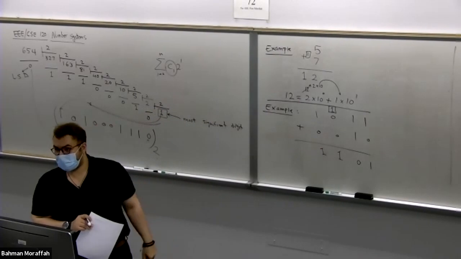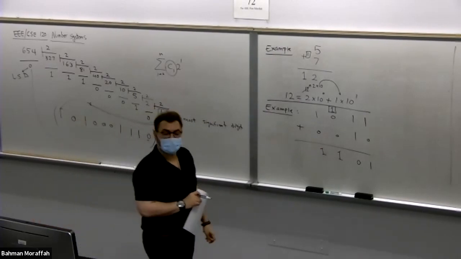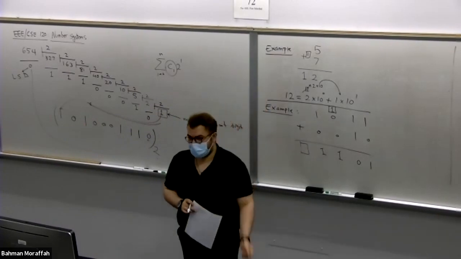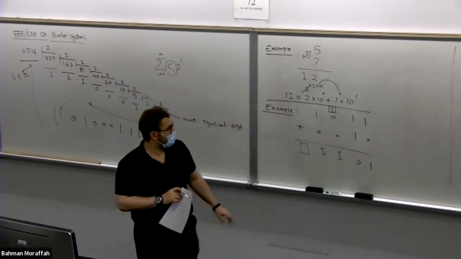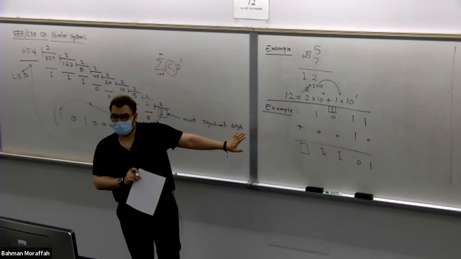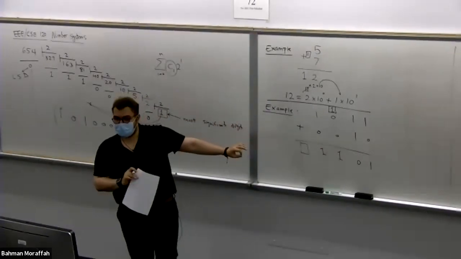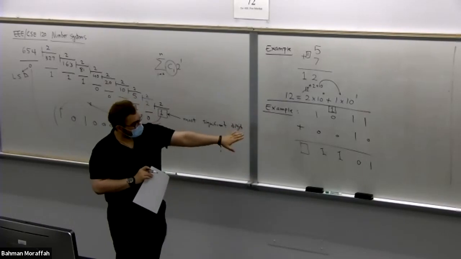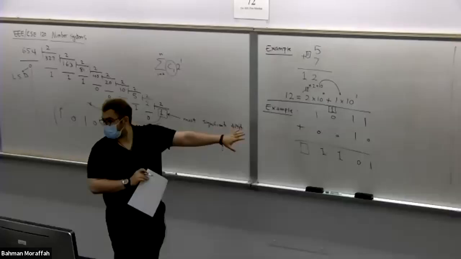No. Okay. Yeah. So they have to be the same. We can add a digit over here, but we basically need to throw it out, right? I'll explain that in detail later. Let's not go on it right now.